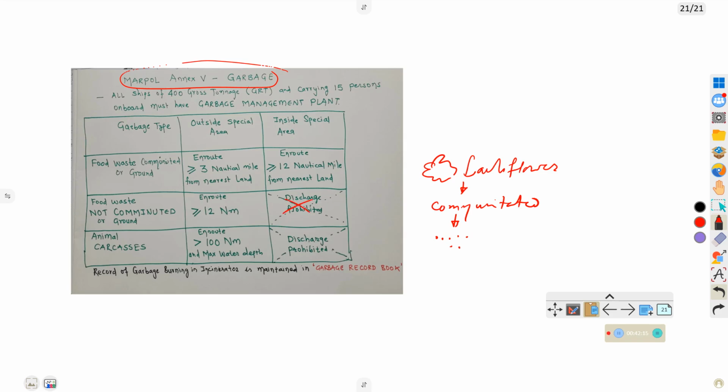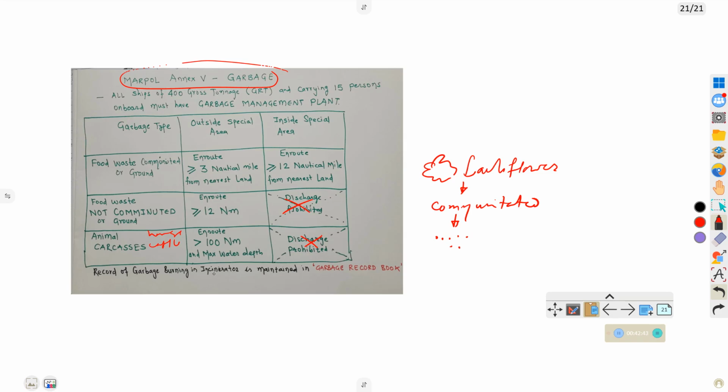You cannot discharge. And this is animal carcass. Animal carcass means horse, cattle carrier है ना, उनके लिए. इनके लिए क्या criteria? It should be en route and it should be more than 100 nautical miles and at maximum depth of the water. Inside special area not permitted.